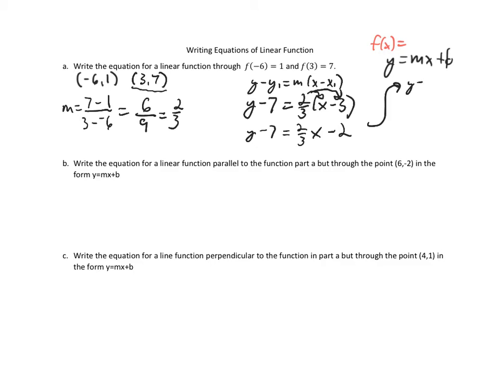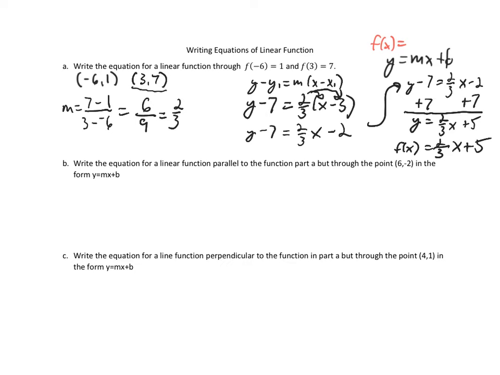So we have y minus 7 equals 2/3 x minus 2. And if I add 7 over to get a y equals equation, y equals 2/3 x plus 5. And the only thing we want to do now is substitute f of x for y. So it's really f of x equals 2/3 x plus 5.